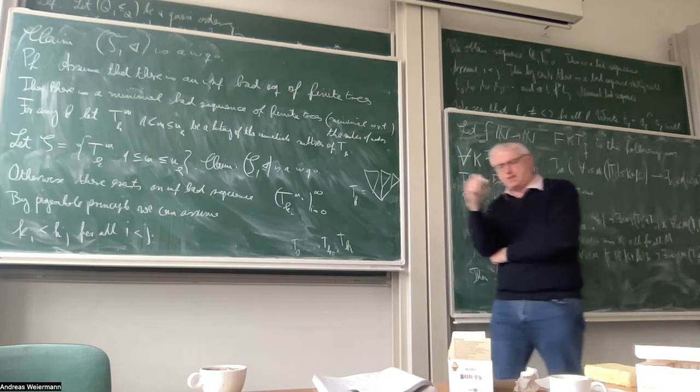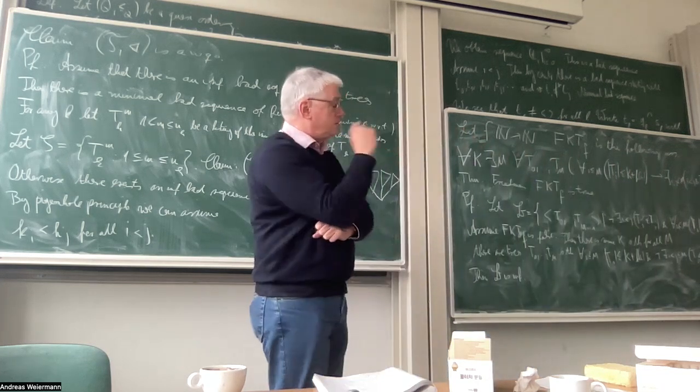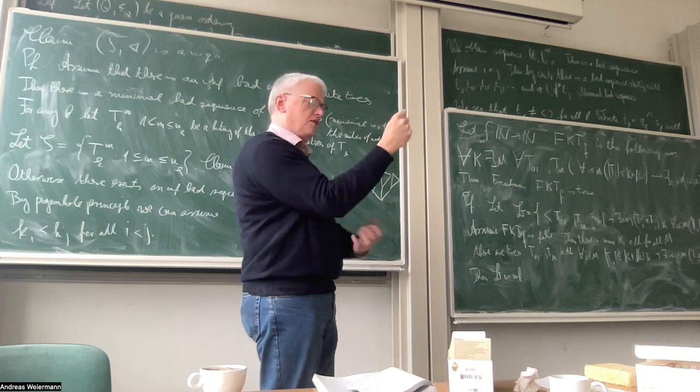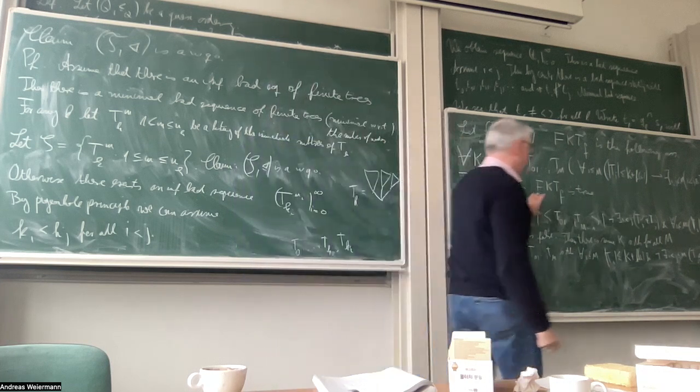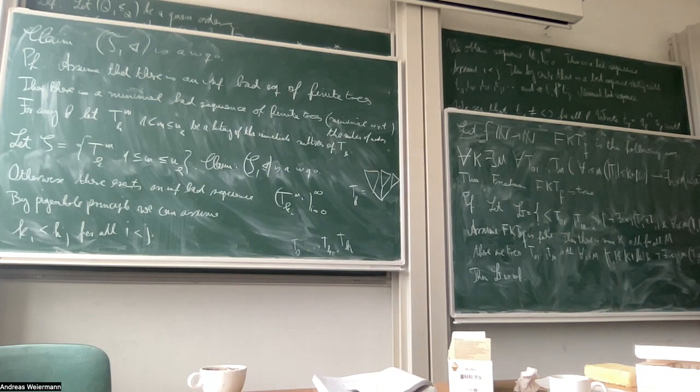And of course, there are finitely many extensions of a sequence, because with a bound on the number of elements in TM, the number of possibilities to plug in another TM is bounded. There are finitely many possible extensions.